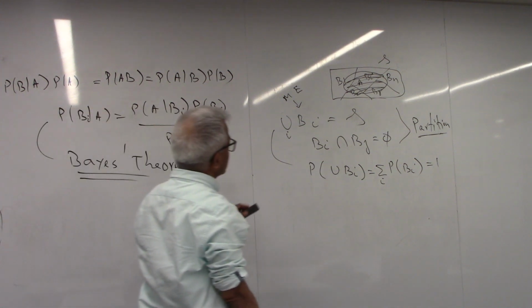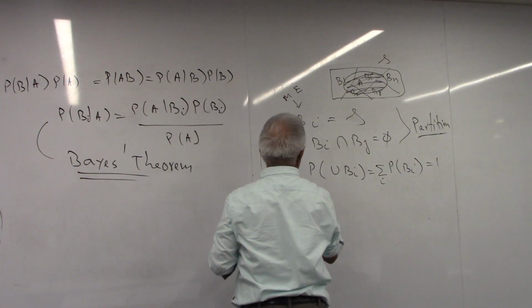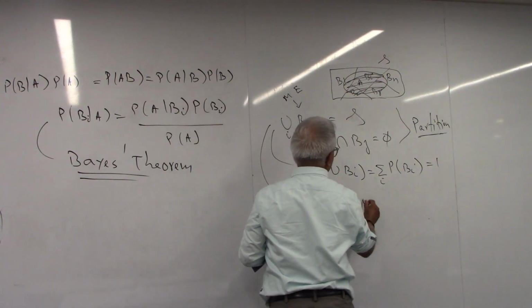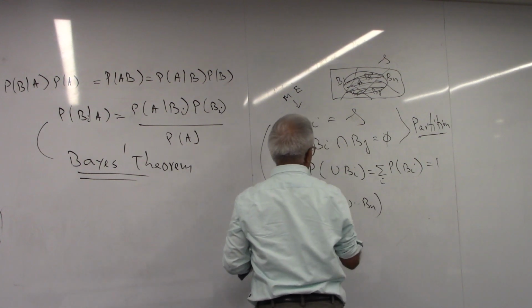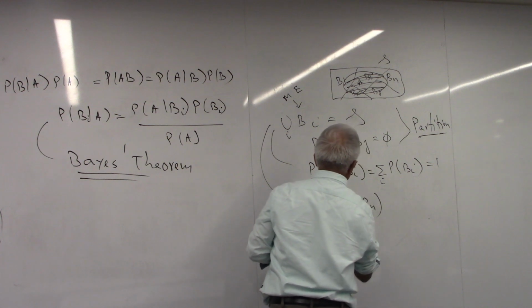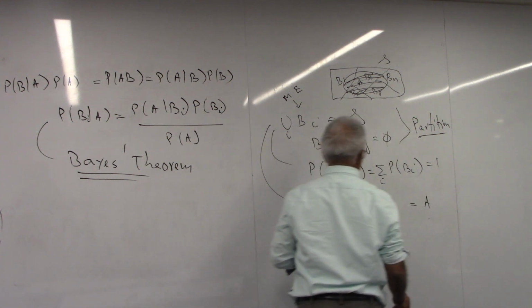Notice that because all the Bi form a partition, I can write B1 union B2 union etc. Bn, which is the whole set. Intersection with A is A itself.